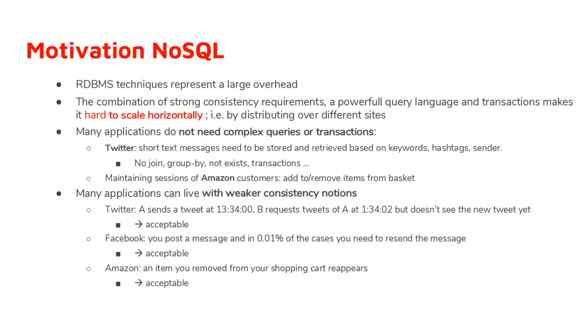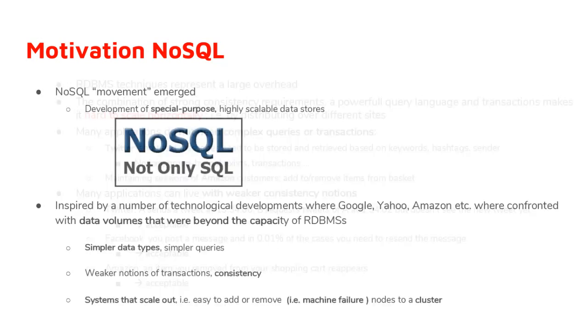So these are types of weaker consistency, and the main advantage is that with weaker consistency we can have more throughput, so we can handle more users if we do not have to comply with the strong transactional requirements of a traditional relational database.